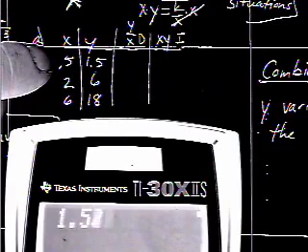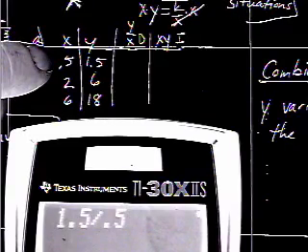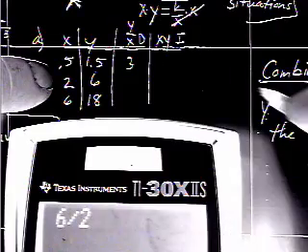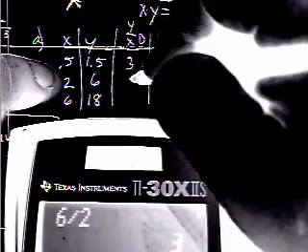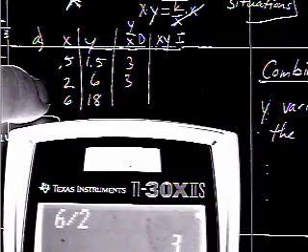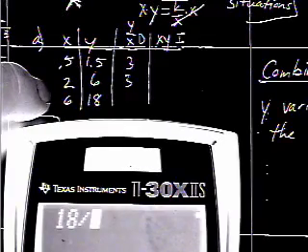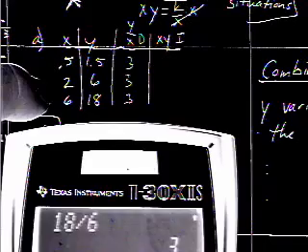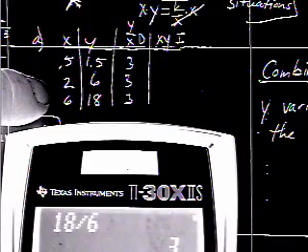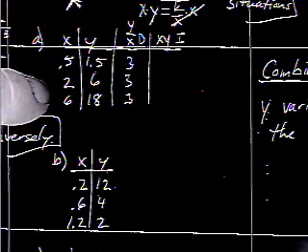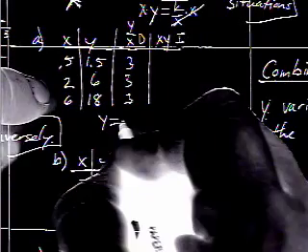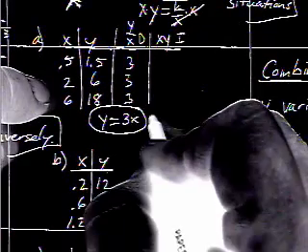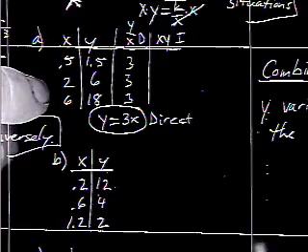If I take 1.5 and divide by 0.5, I get 3. If I take 6 and divide by 2, I get 3. Okay, this is looking pretty good so far. I'm not quite positive yet, but 18 over 6 also gives me 3. So I can make the conclusion that this is direct variation. So this is y equals 3x, which is obviously directly related.